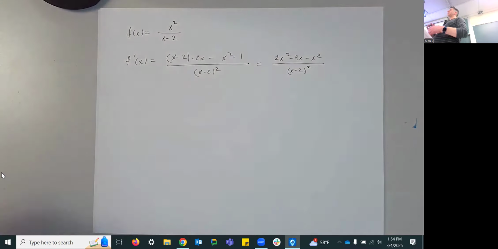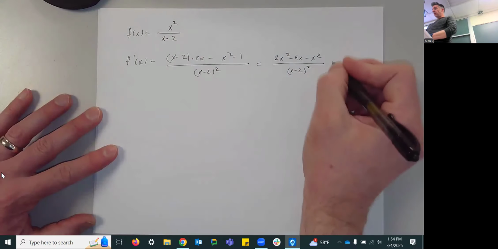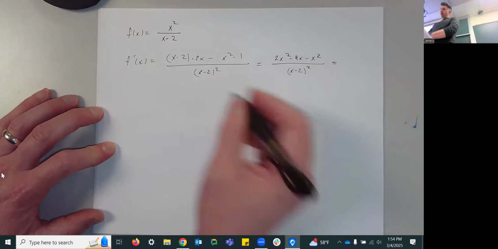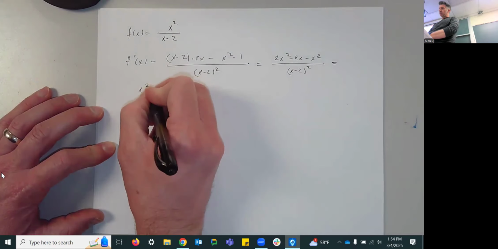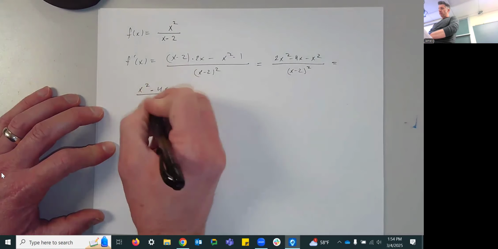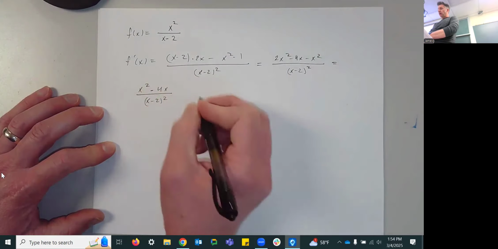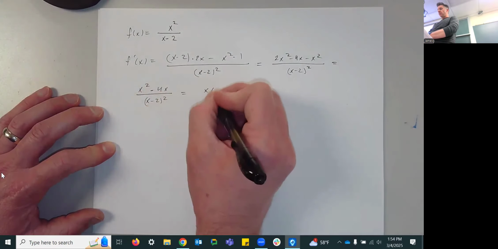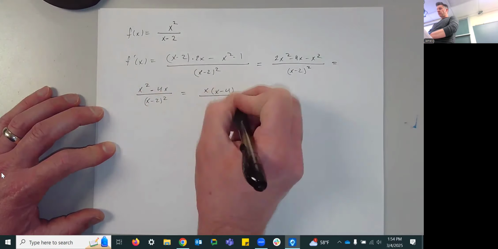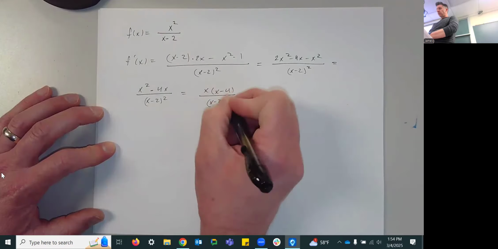When you're simplifying these quotients, you almost always leave the denominator as something squared. There's no value to multiplying it out. Simplifying the top even more, I get x squared minus 4x all over x minus 2 squared. And finally, factoring the numerator, you get x times x minus 4 over x minus 2 squared.